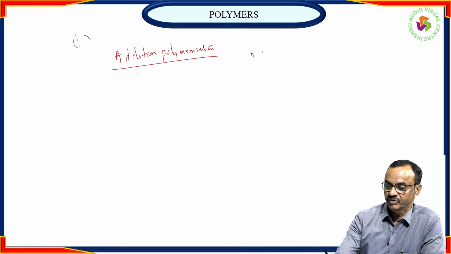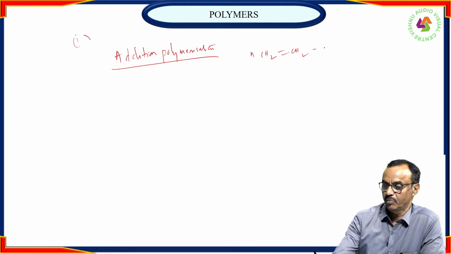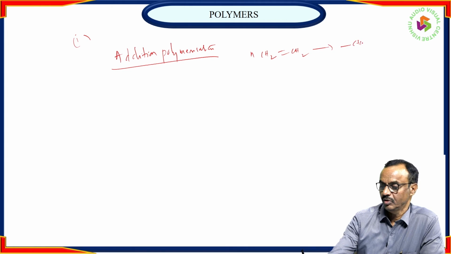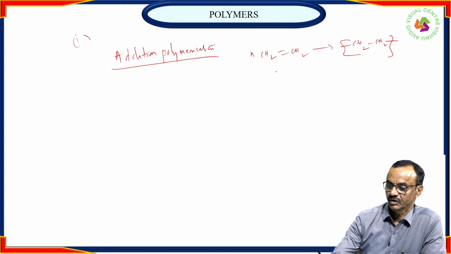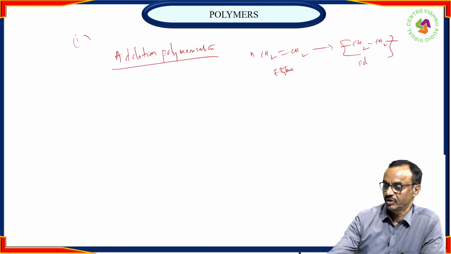So N number of CH2 combine each other, convert into CH2, ethylene monomers, formation of polythene, you can represent by P.